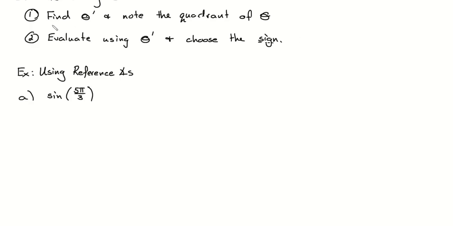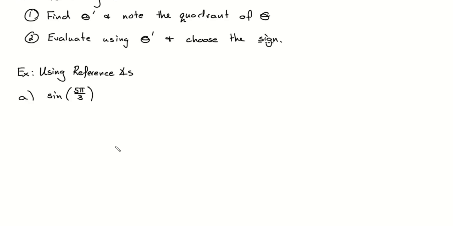So the first thing we need is to find theta prime and note the quadrant, which, if we're going to find theta prime, we have to know anyway. So 5 pi thirds, what quadrant? 4. And just so we can see it, if I'm at 0 and going by thirds, here is 3 pi thirds, here's 4.5 pi thirds, and here's 6 pi thirds.